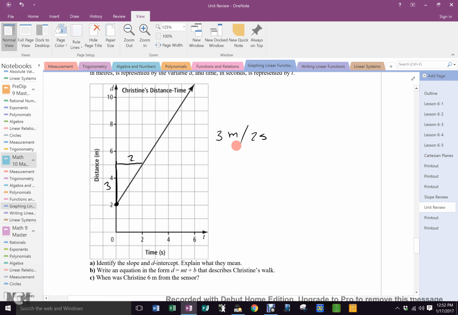Is that how we measure a speed? When you're driving down the street, do you say you are going 100 kilometers per 2 hours? You use 100 kilometers per hour, yeah? So this is 1.5 meters per second. That's the slope. What's the y-intercept?